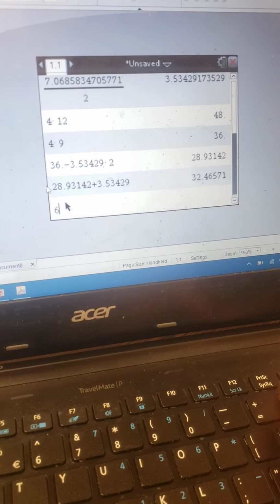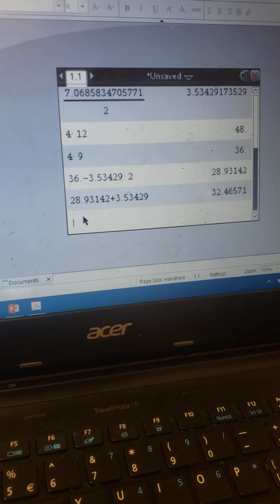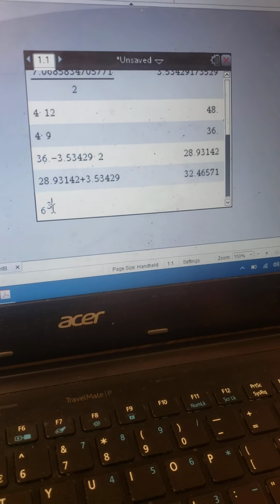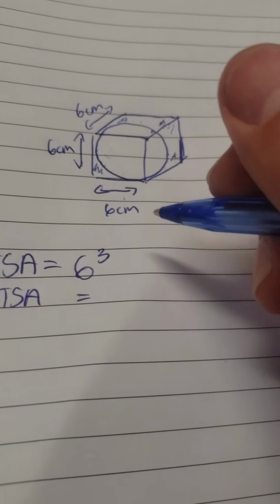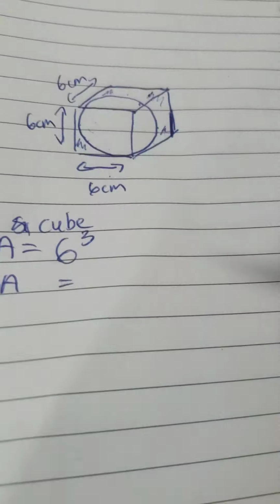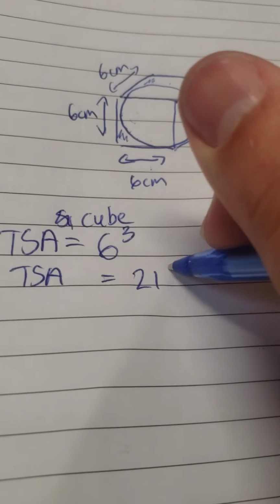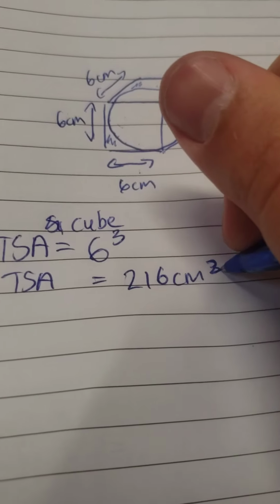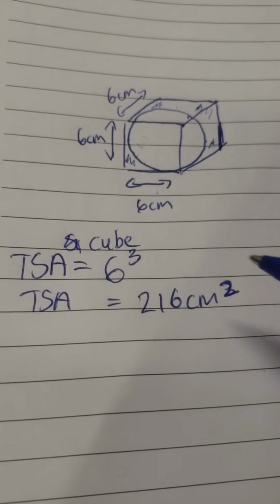That is 216. So the total surface area of the cube is 216 centimeters squared. Cool, so that's the cube.